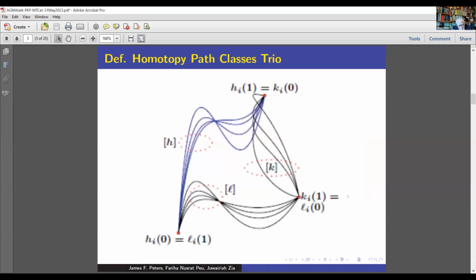Here are three path classes, H, K, and L. And notice that the classes themselves form what could be viewed as a collection of overlapping path triangles. If you follow one of the paths, say H1 to K1, K1 to L1, and L1 back to K1.